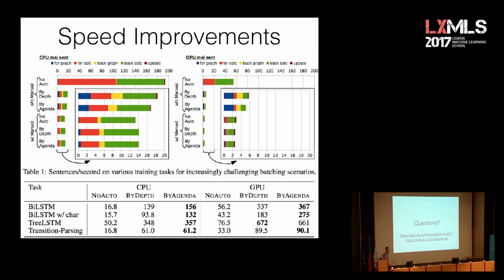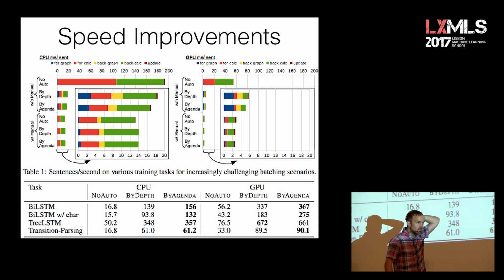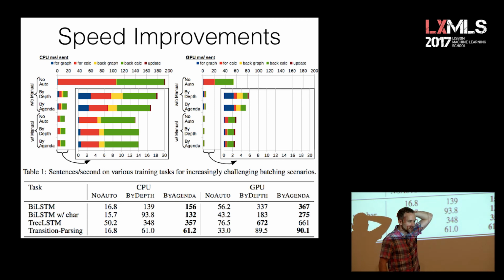Yeah, sure. In the previous slides, what's the with manual, without manual? Okay, so the with manual is when you do manual mini-batching. You can turn on both manual mini-batching and automatic mini-batching. So the idea is you know how to do manual mini-batching, but there are some things that you might have missed.